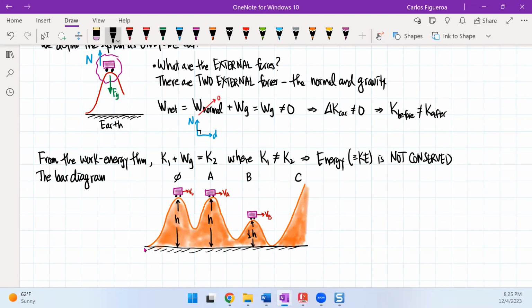Now, if I look at the path, the path from A to B is downwards.